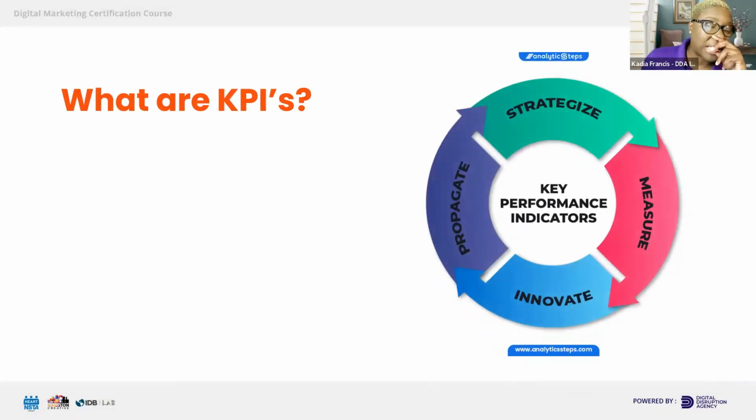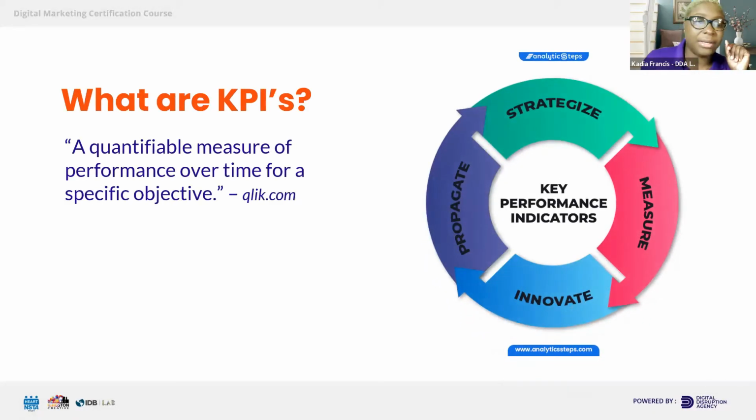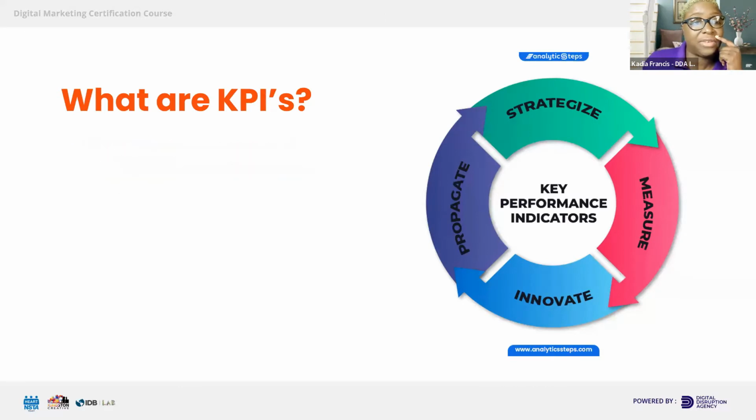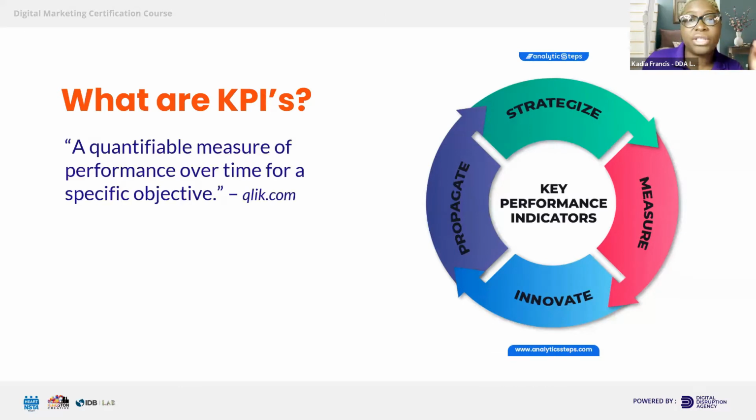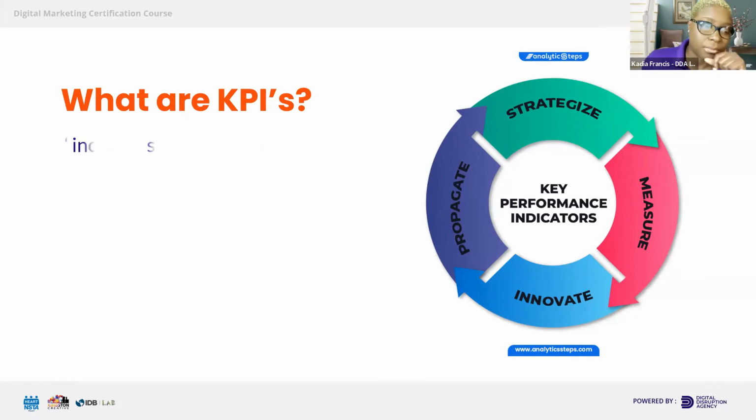So what are KPIs specifically? It's a quantifiable measure of performance over time for a specific objective. And you see, we keep going back to objectives and being able to measure that objective. By quantifiable, it means you can put a number or a figure to it, right?